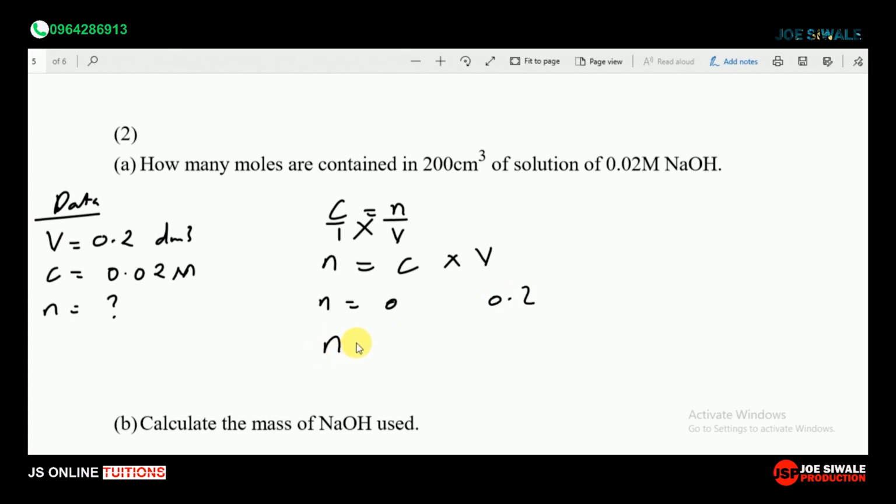So number of moles is equal to 0.02 multiplied by 0.2, we're going to have 0.04 moles, and that's going to be our answer. So our answer is 0.04 moles.